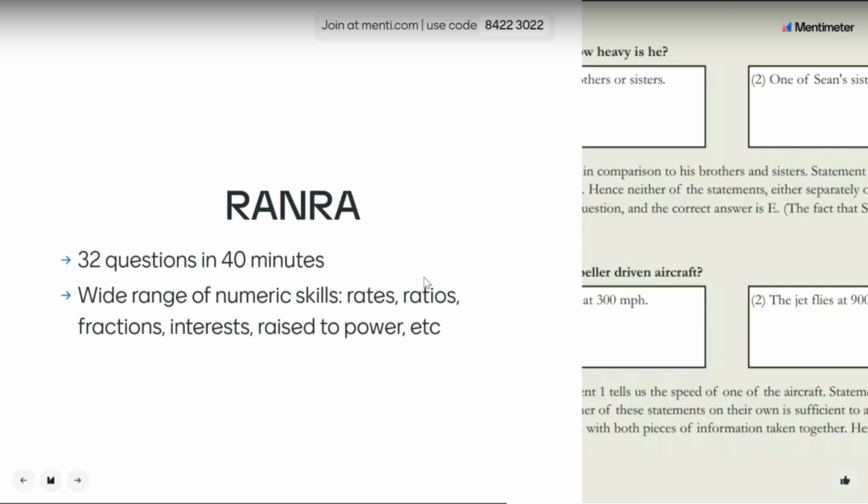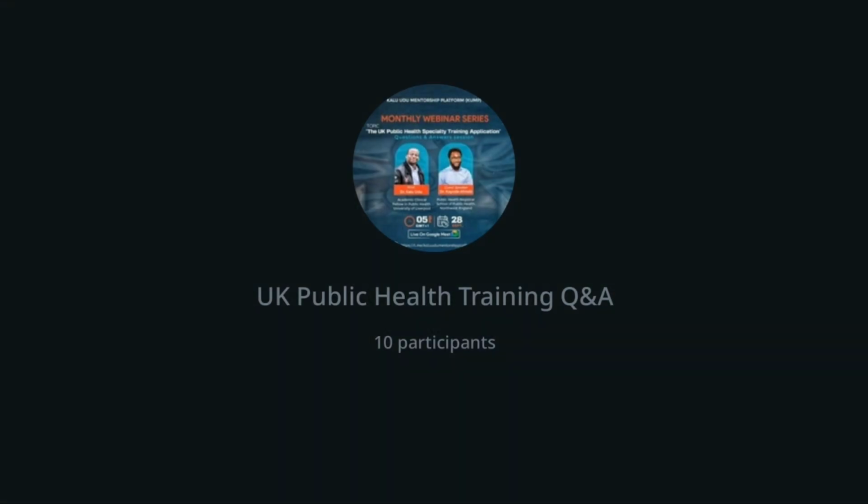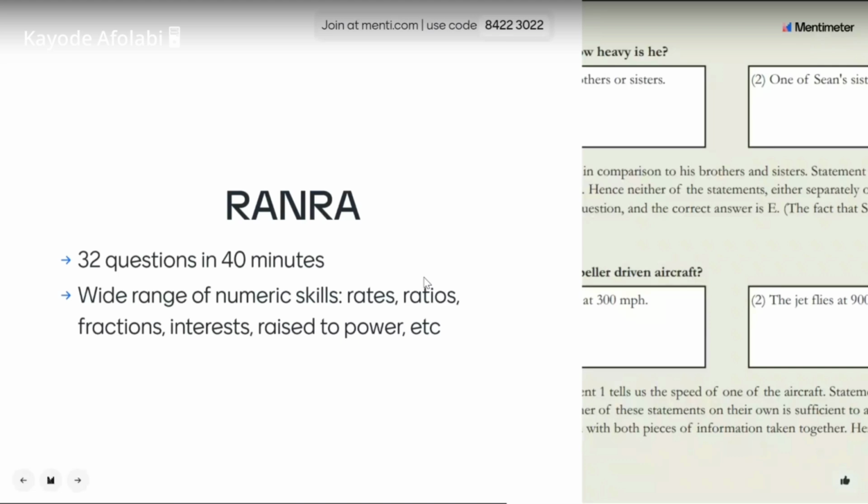You have questions on rates, ratios, fractions, percentages, simple and compound interest, raised to power, lots of decimals. And so 32 questions in 40 minutes invariably means you should be spending about 1 minute per question.